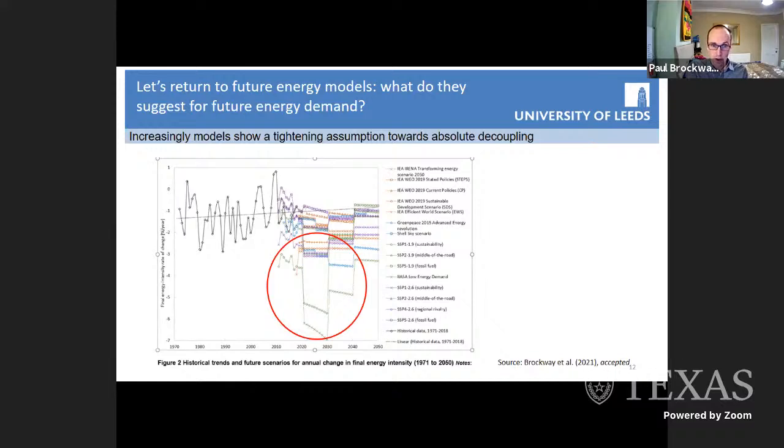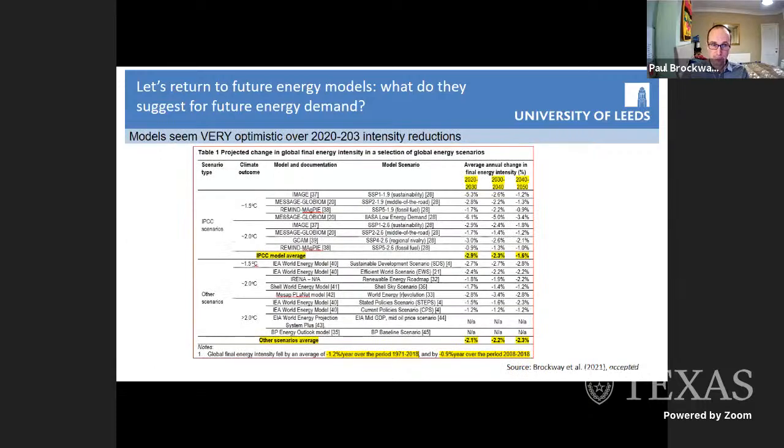So either the models are assuming something completely different in the way that we've designed our energy systems and efficiency, or there's something missing in the models that is not in step with the historical reality. So this is another concern, that the models, and these are the IPCC and other models which are informing the policies that are being made globally. So something is not quite as it seems in this space.